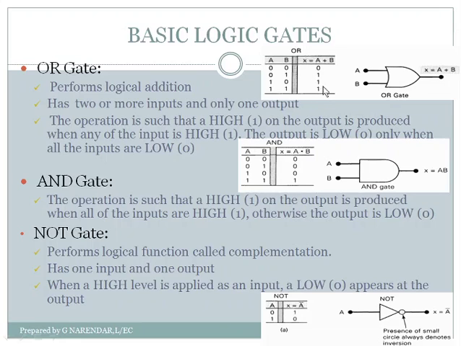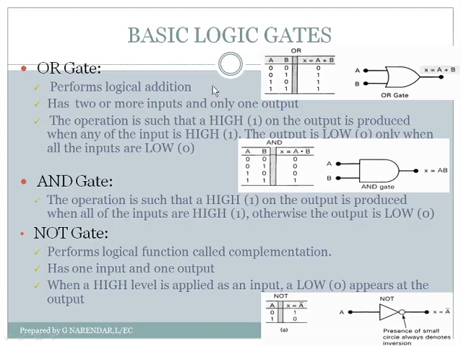You can clearly observe that output is 0 only when both a and b are 0, or I can also say that the output is 1 when any of the input is equal to 1. So if b equal to 1, output is 1. If a equal to 1, output is 1. Or if both a and b are 1, then also the output is 1. So the output is 0 only in case when both inputs are 0.